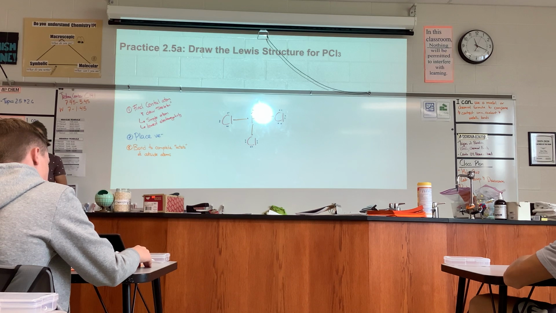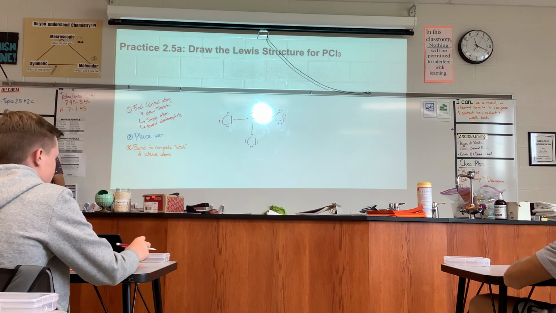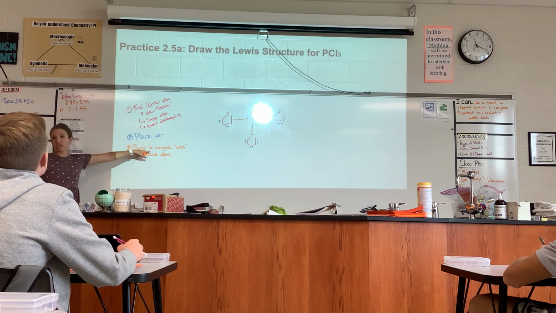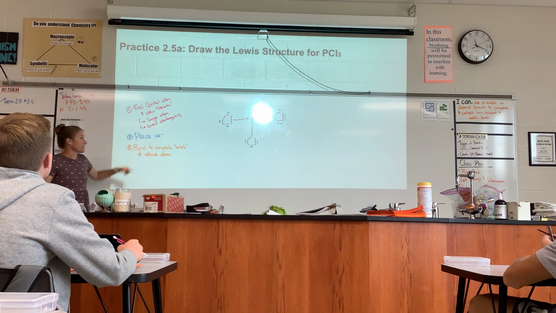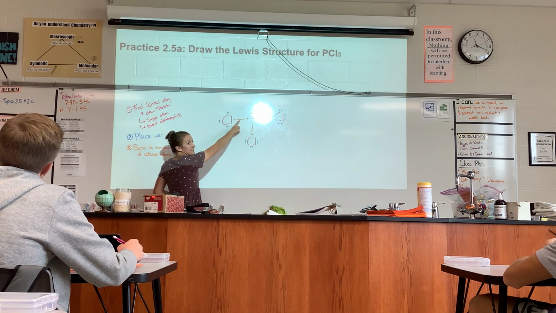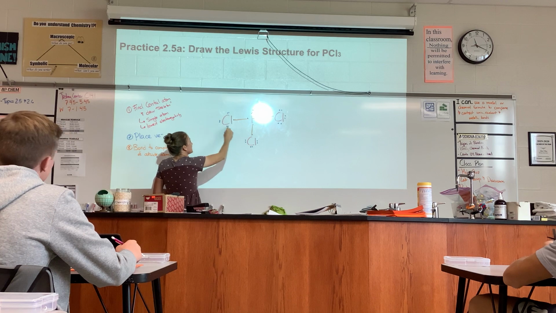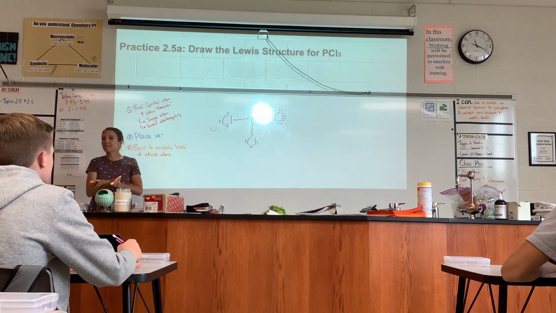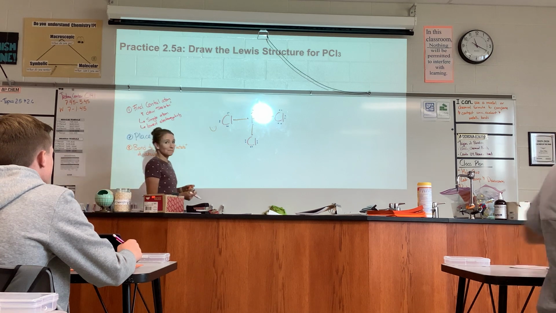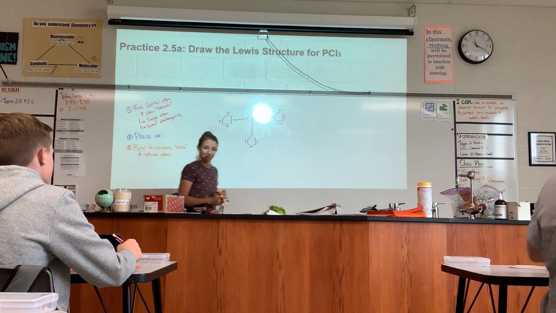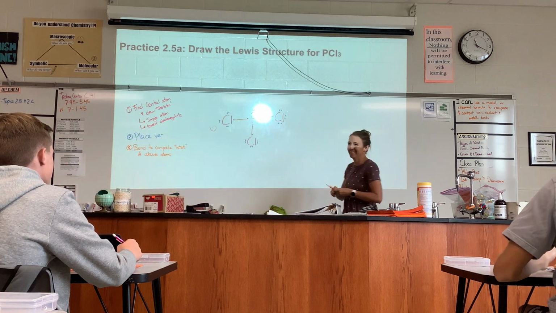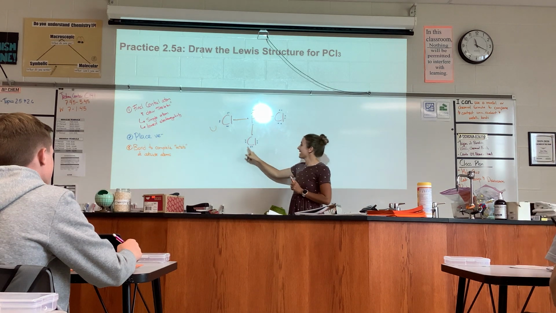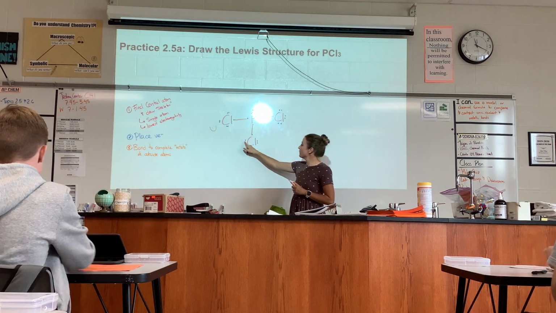Now, once you bond once, check your octet. Chlorine now has 2, because the line counts as 2, 2, 4, 6, 8. He's happy. This other chlorine has 2, 4, 6, 8.